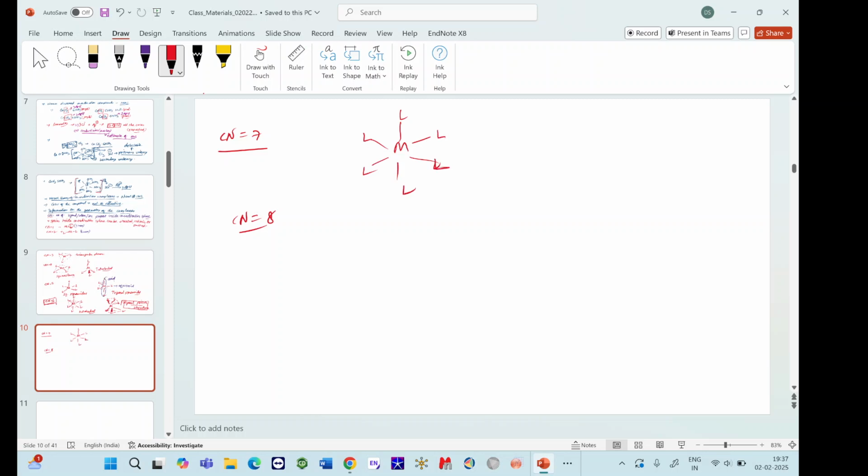So in octahedra you have 6 faces. So it will have 6 faces, 6 sides, like that.